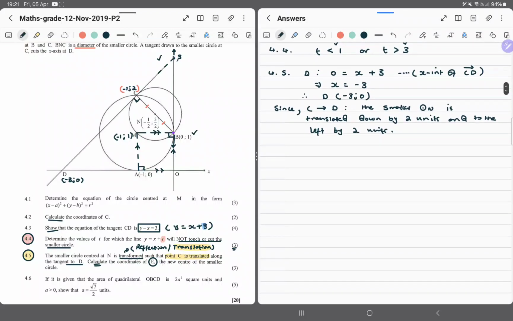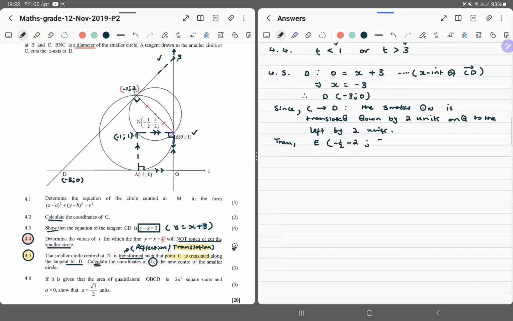Now, what do we then follow? We can say then this new point E is going to be that center N, which is -0.5. Then we are taking it to the left by 2 units, because when we translate to the left, we're basically moving the x values.